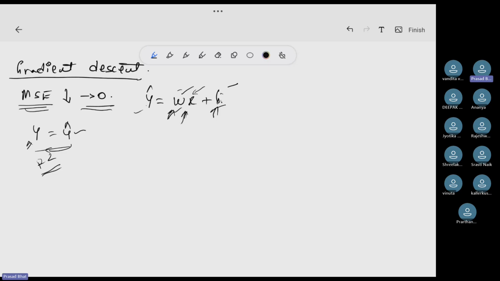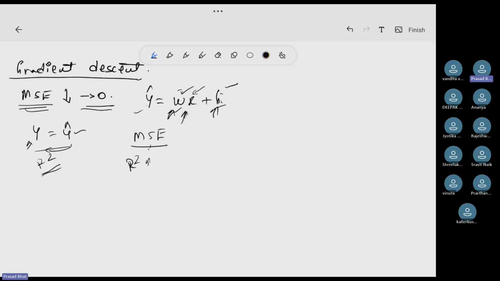Now, when do we say that W and B are actually becoming better? When MSE becomes less, right? Correct. When MSE becomes less, R square is going to increase, correct? And that is how we say, okay, we are moving towards a better value for W and B. That is the intuition, that is the implication we can get from this understanding, correct?